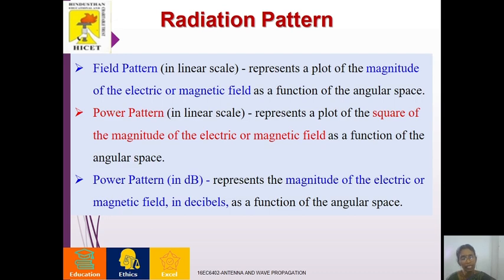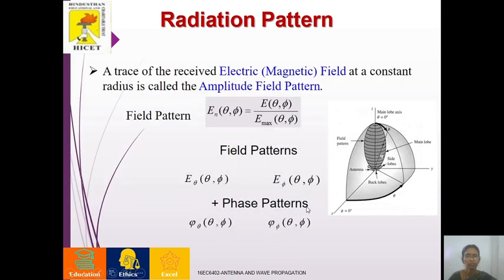Power pattern in linear scale gives a plot of the square of the magnitude of electric or magnetic field as a function of spatial coordinates theta and phi. Power pattern can also be given in dB, as the magnitude of electric or magnetic fields represented in decibels as a function of angular space.